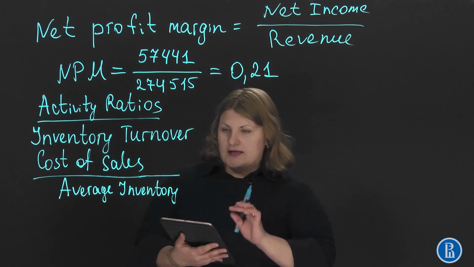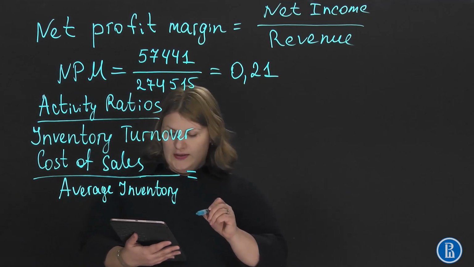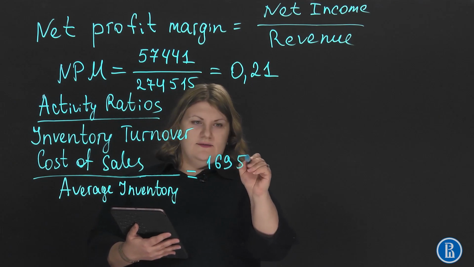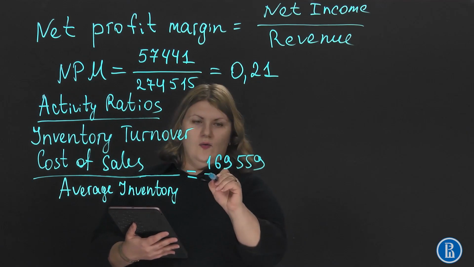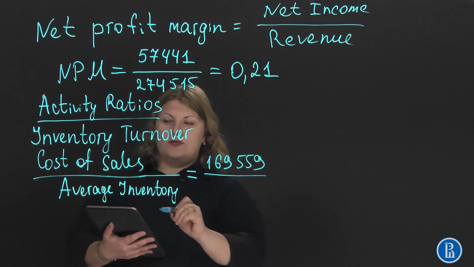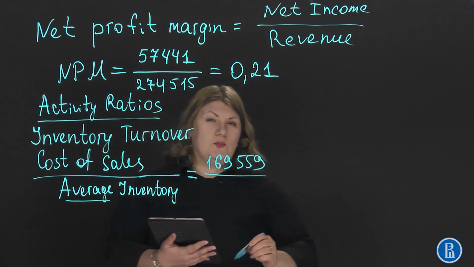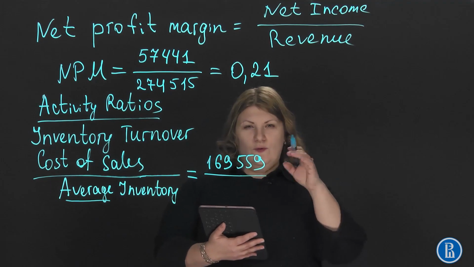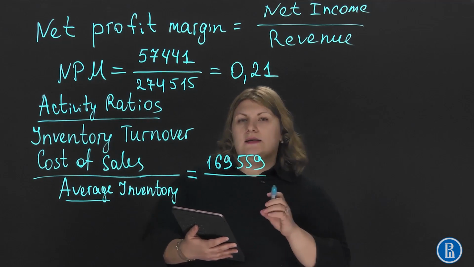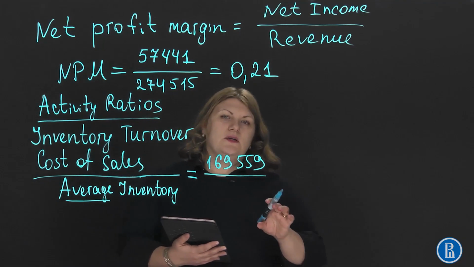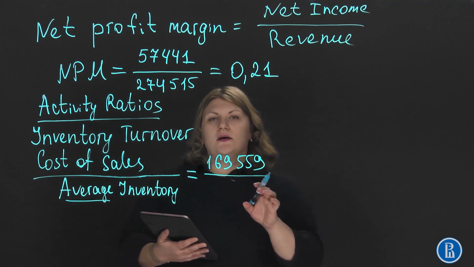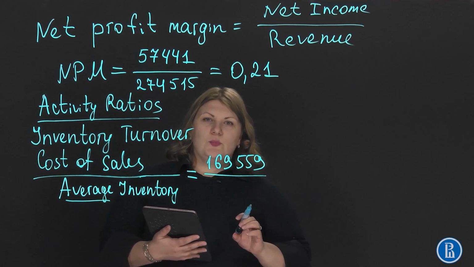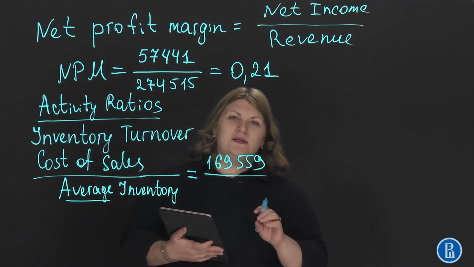Now, the cost of sales for Apple company for 2020 is $169,559 over the average inventory. Now, when we say average, we mean that it is something which requires further calculations. In each income statement, you will have information for 2 years. In our case, this will be 2020 and 2019.